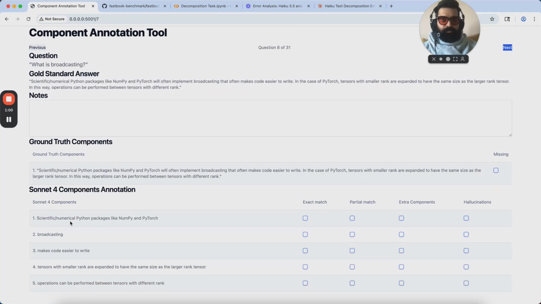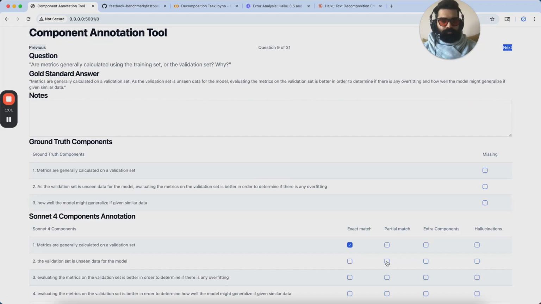Interesting that Sonnet is not really, I mean, I don't know if it's better or worse, right? But it's not very different from Haiku's generations. This is a partial match, partial match, partial match, partial match, nothing missing. Partial match, partial match.